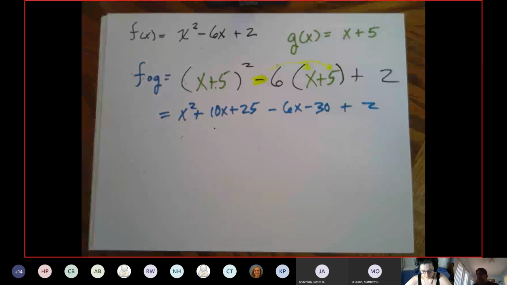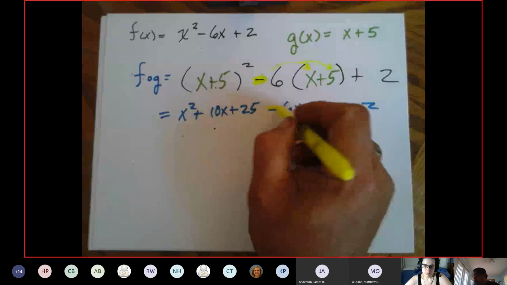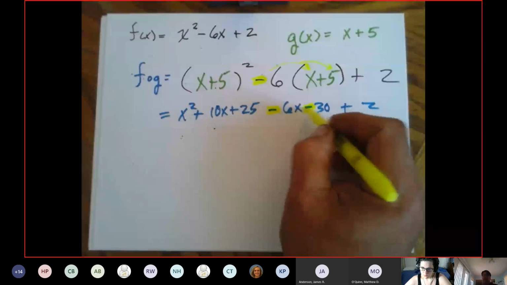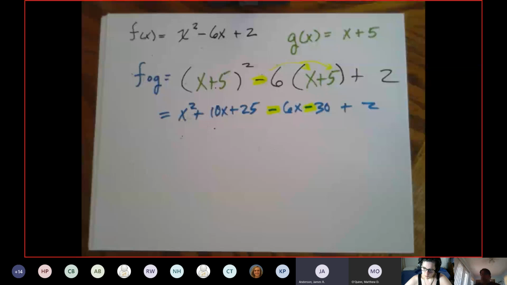So let me finish that by putting two highlights right here. There. Yeah, that green doesn't show up worth a flip. I'm going to have to quit using green.